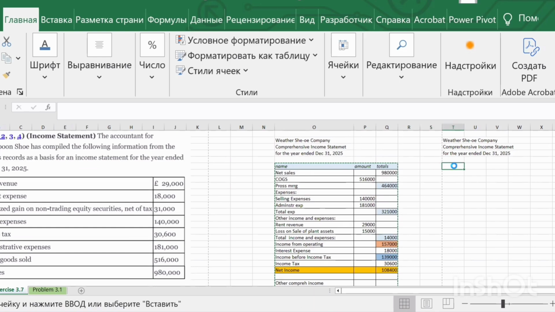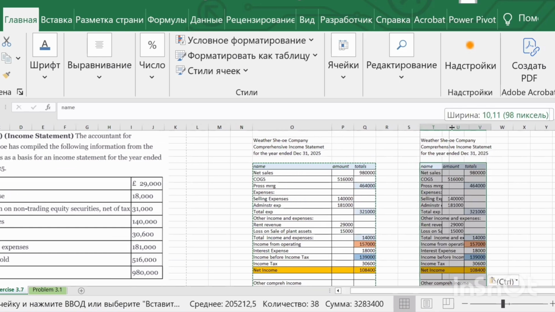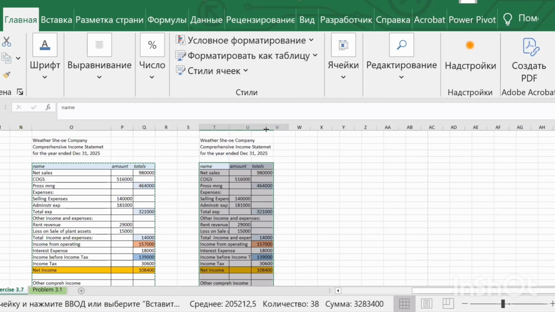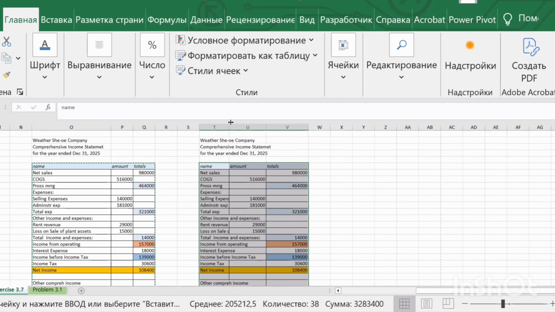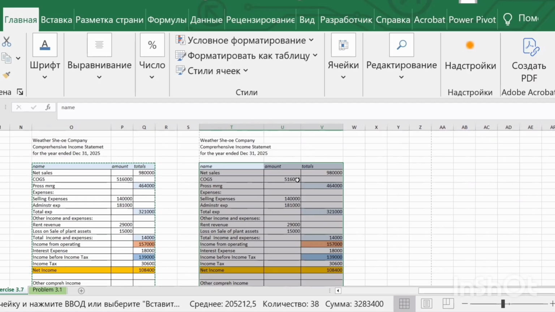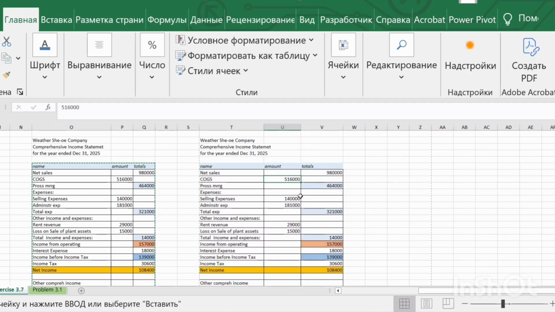So, net sales 980,000 as in the previous table. COGS 516,000. Gross profit is 465,000. Operating expenses, selling expenses, administrative expenses, have similar numbers.